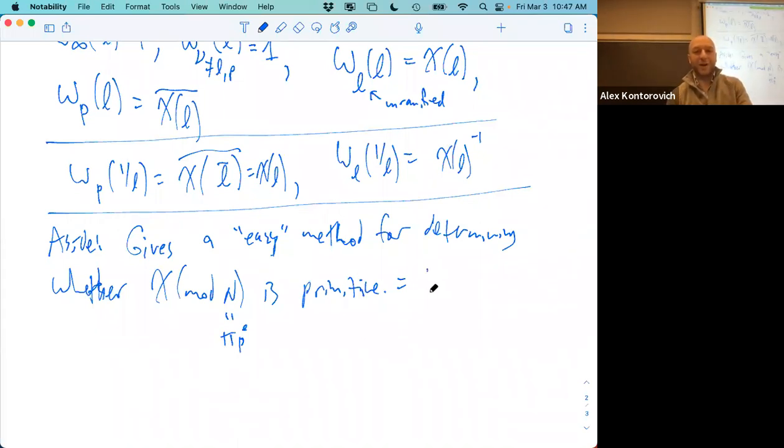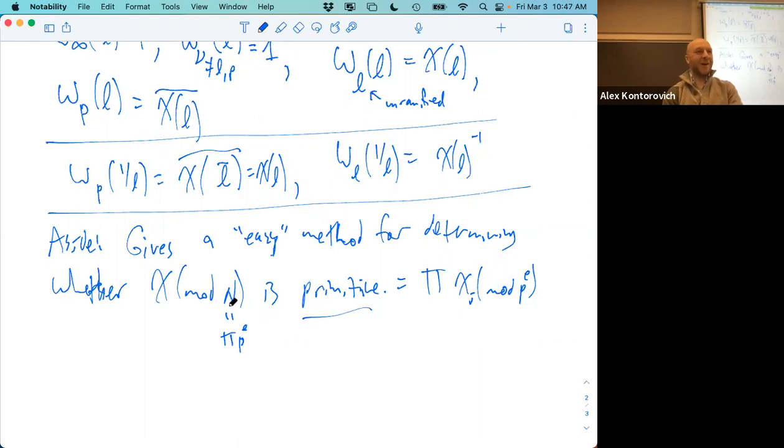So chi mod n is a product over characters chi j mod p to the e. These are different characters mod p to the e. They are the character mod n reduced mod p to the e. But let's look at prime power characters. And the mod n character is primitive if and only if all of these are primitive.